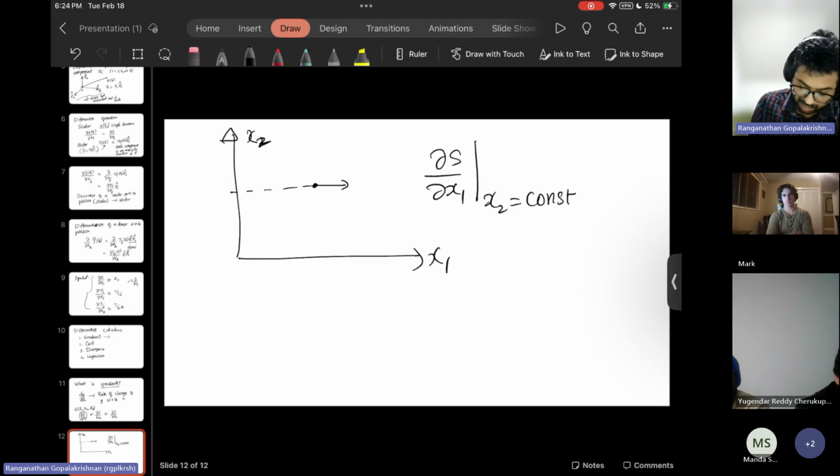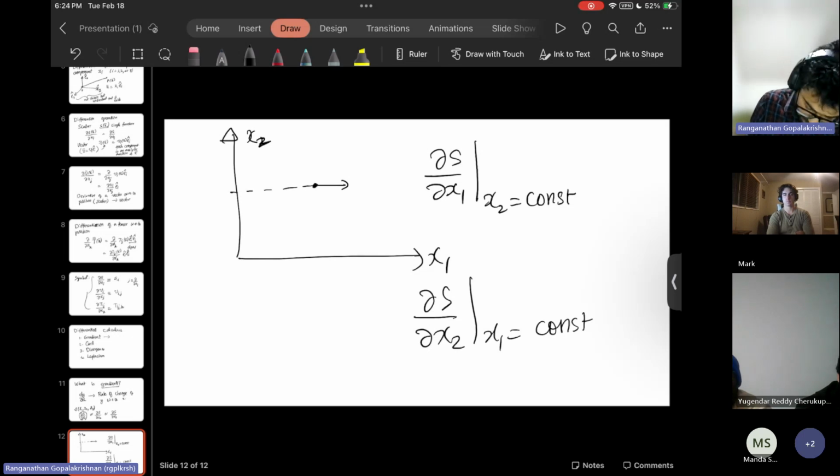And if I do the other way, partial s over partial x2 holding x1 constant, that is like traveling in this direction. What is the rate of change of this function along a particular direction, x1 or x2? That's the meaning.